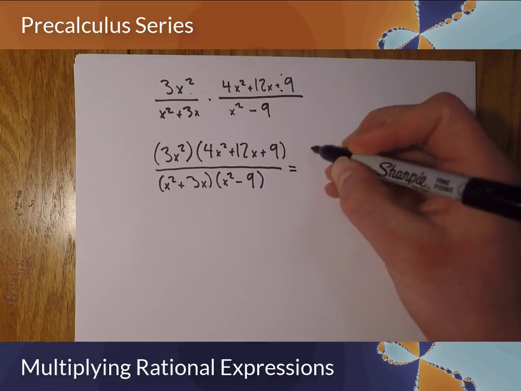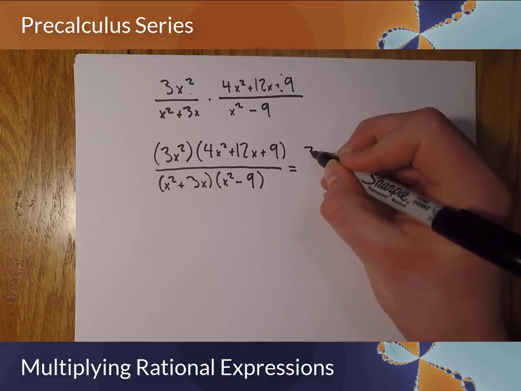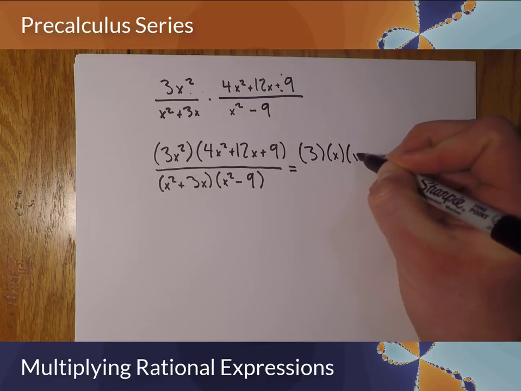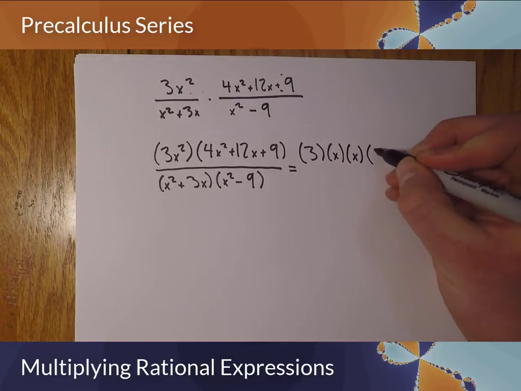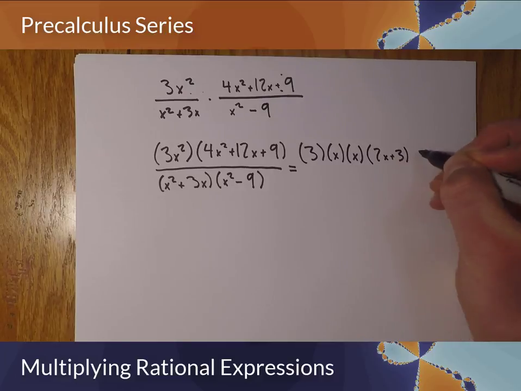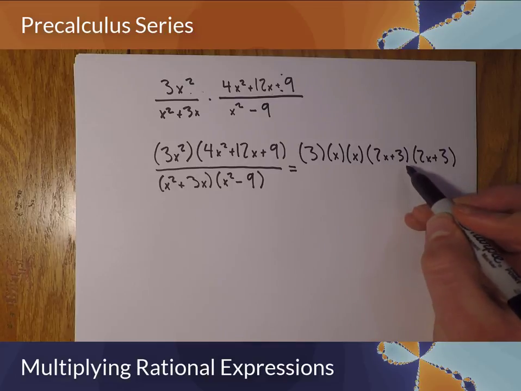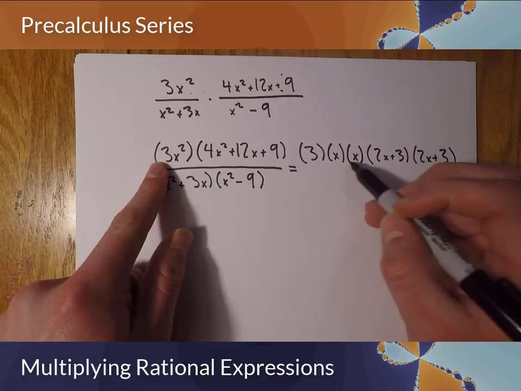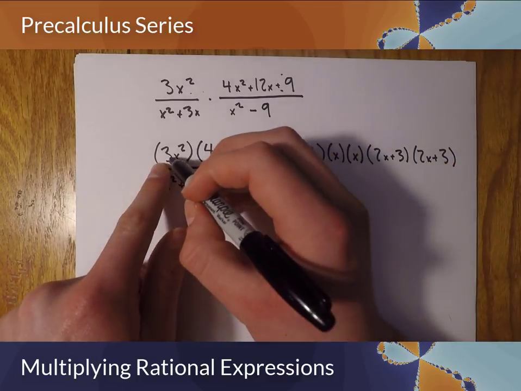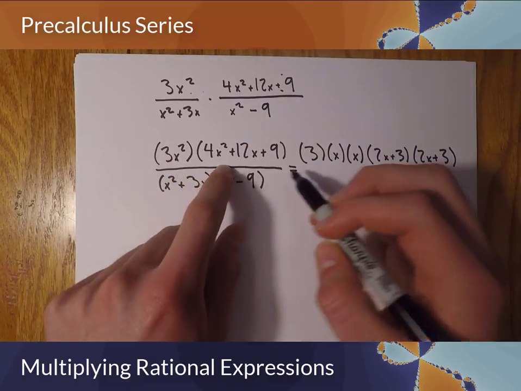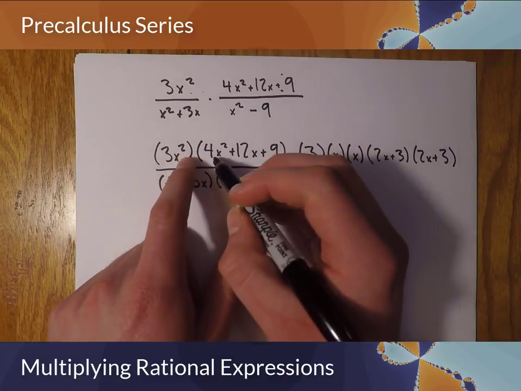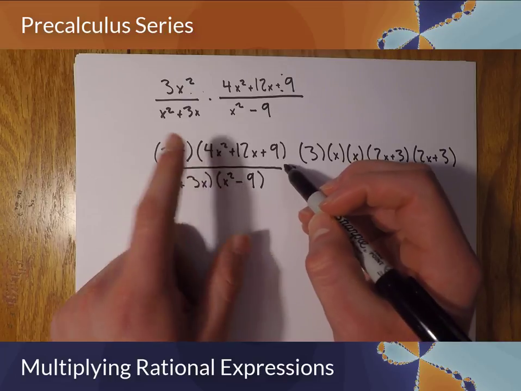So what we're going to do is say, okay, this is equal to 3 times x times (2x plus 3) times (2x plus 3). And you can see now the 3 times x is from the 3x squared term, and the (2x plus 3) times (2x plus 3) is from this whole 4x squared plus 12x plus 9 term.